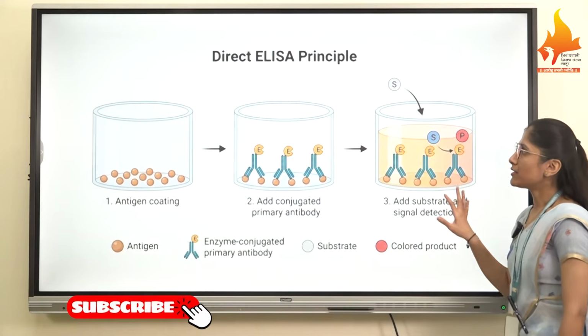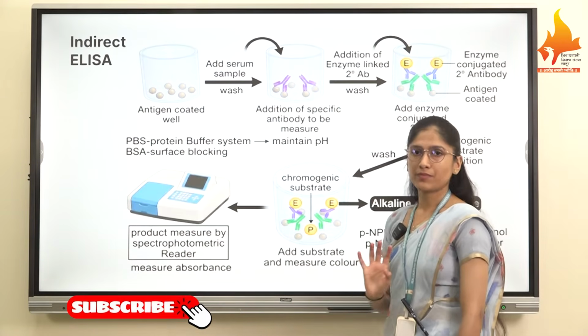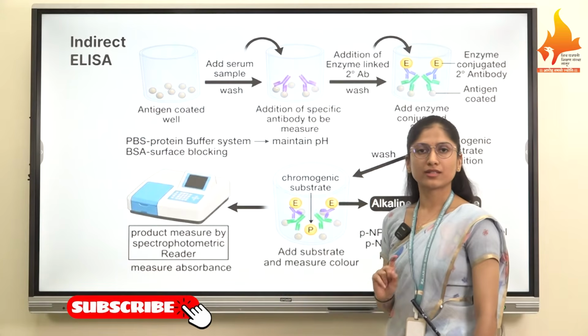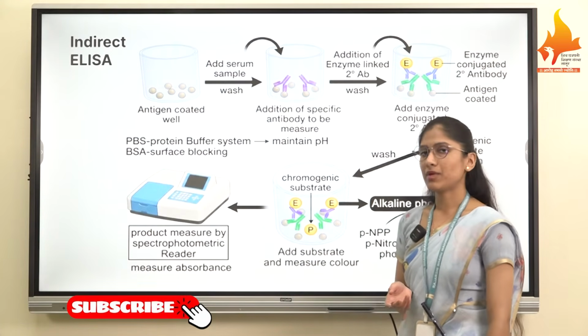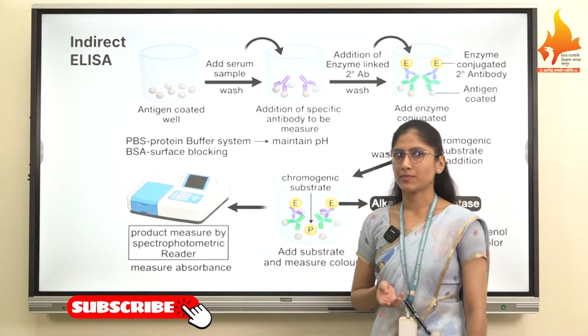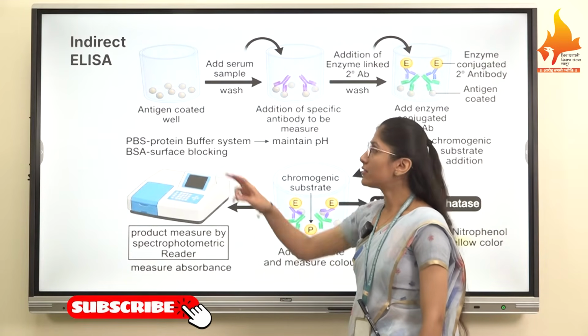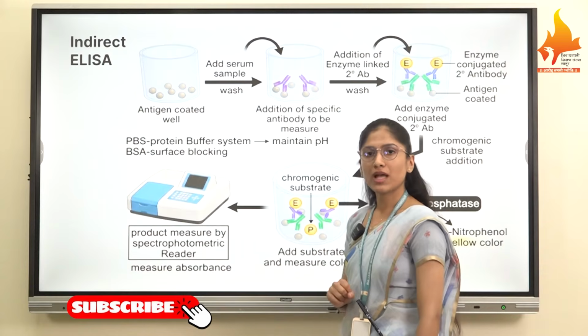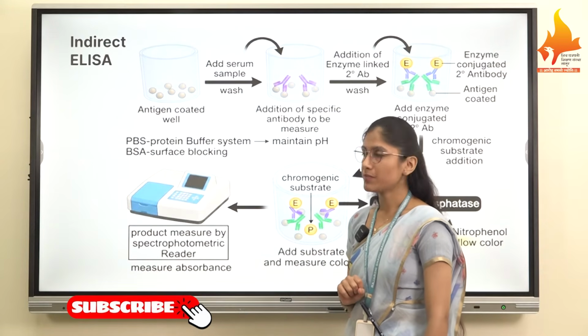The second type is the indirect ELISA. This ELISA technique is used for the detection of antibody present in a blood sample or serum sample. Here the antigens are already coated or immobilized on the plastic surface made of polystyrene.